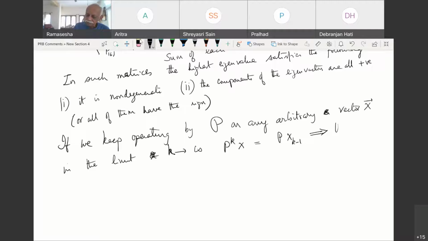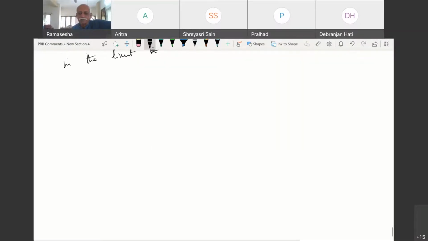The highest eigenvector means the eigenvector corresponding to the highest eigenvalue. I'm putting highest in quotes because the eigenvector corresponding to the highest eigenvalue is what you'll get. And let us see how we can prove it. Okay, the proof of this is very simple.